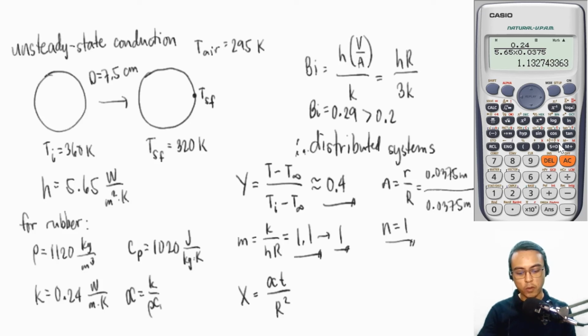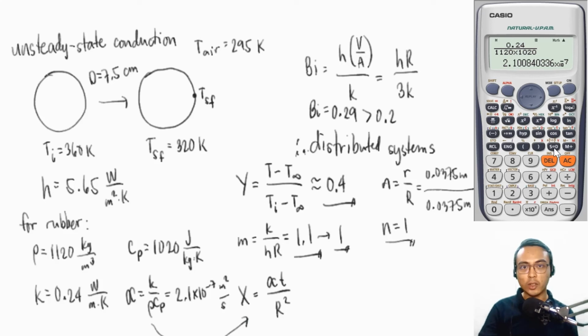Let's first solve for alpha, that is 0.24 over 1120 times Cp 1020. Our thermal diffusivity is 2.1 times 10 raised to negative 7 square meter per second. You can then substitute this value of alpha to our definition of X, but we have to do that later because X contains our variable for time.